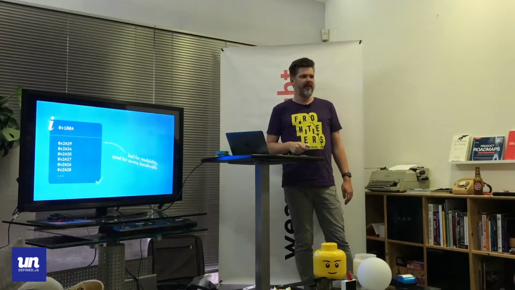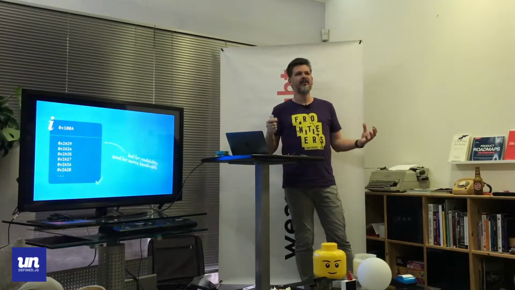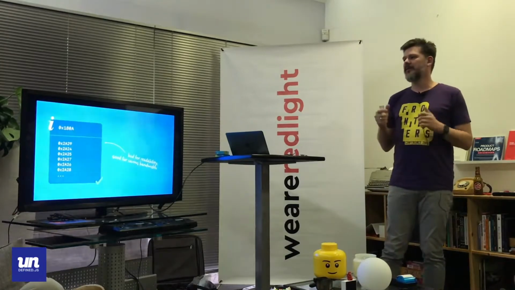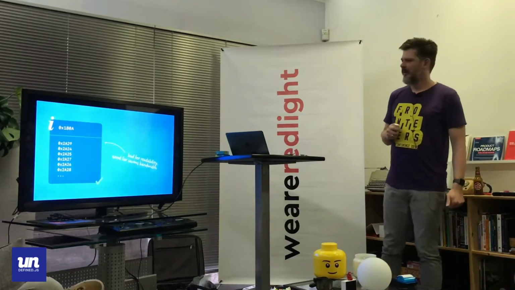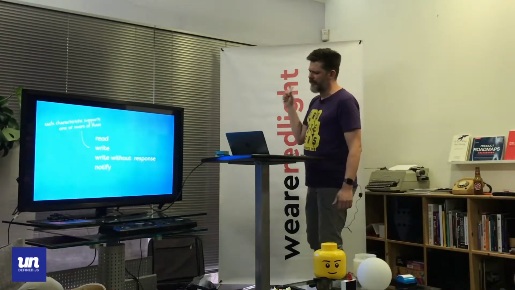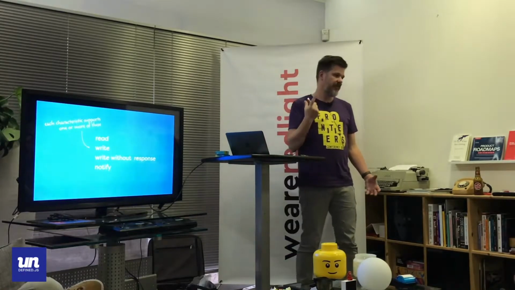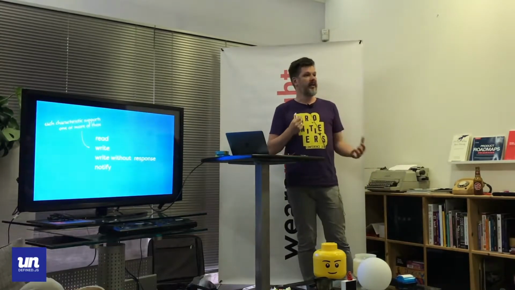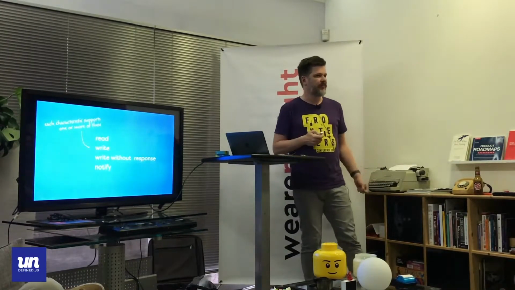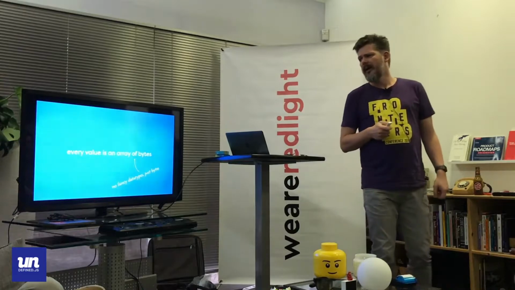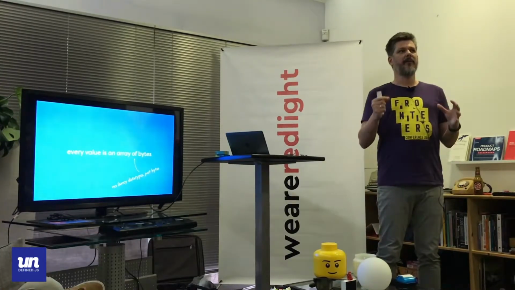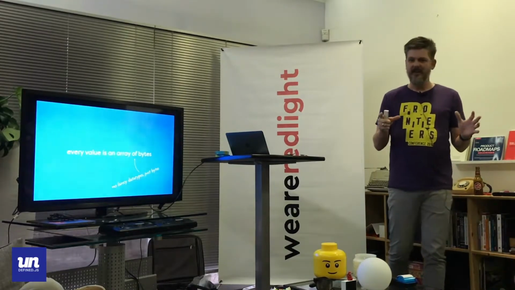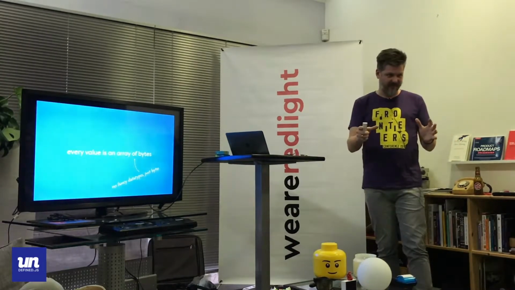This is bad for readability and understandability, but it is really good for saving bandwidth, and bandwidth on a Bluetooth network is limited, so this is a good thing. If you have a characteristic, you can read the value of it, you can write a value to it, or you can get notifications, which is kind of like addEventListener. And every value is an array of bytes. There are no fancy data types, it's just bytes.